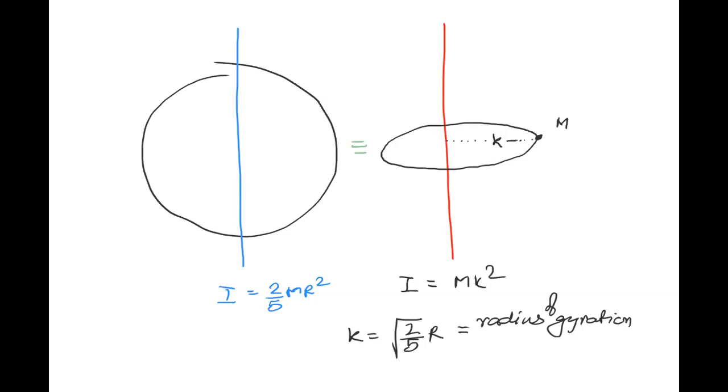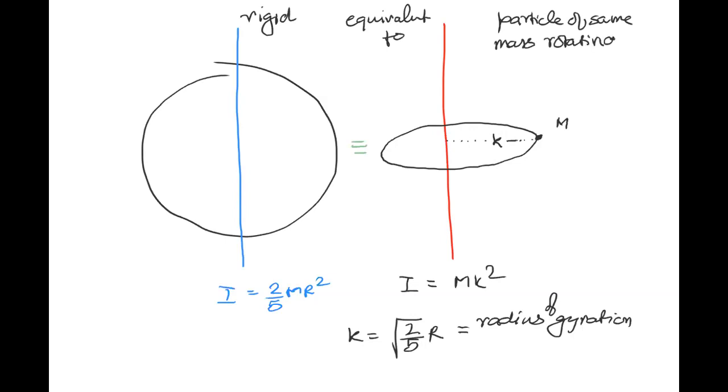So any rigid body is equivalent to a particle of same mass rotating with radius k.